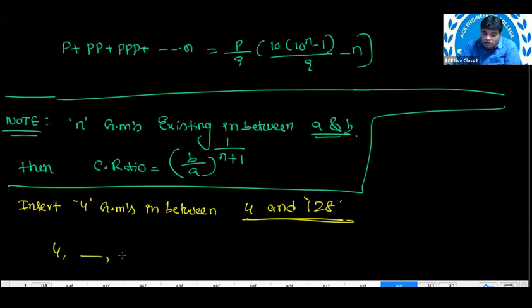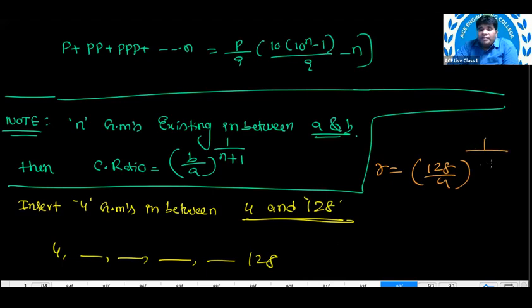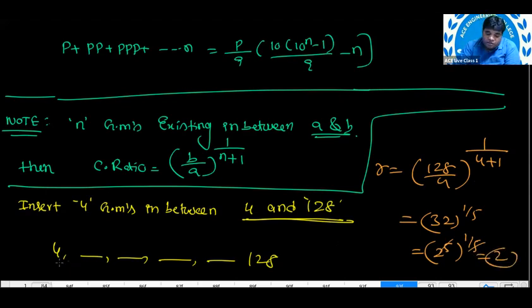So 4, then 1, 2, 3, 4 values, then 128. I need 4 values. Common ratio is equal to (B by A) whole power 1 by n plus 1, that is (128 by 4) whole power 1 by 4 plus 1. So 32 to the power 1 by 5. 32 is written as 2 power 5, whole power 1 by 5, the 5 cancels. Answer is 2. That means 4 into 2 is 8, into 2 is 16, into 2 is 32, into 2 is 64.